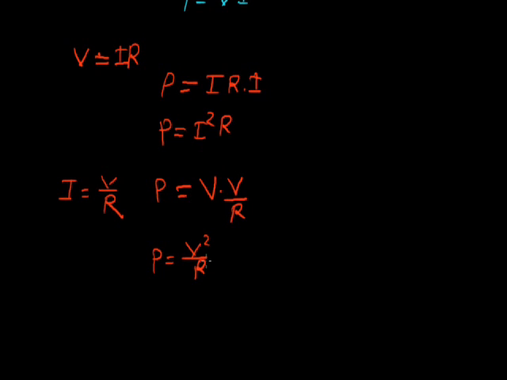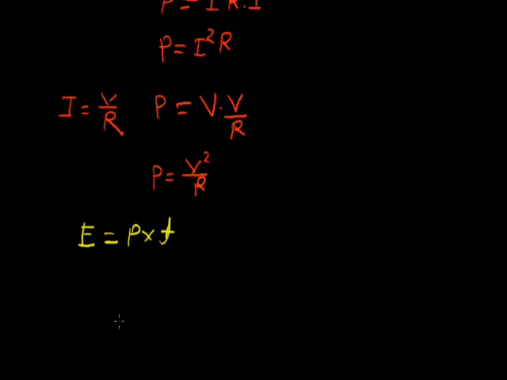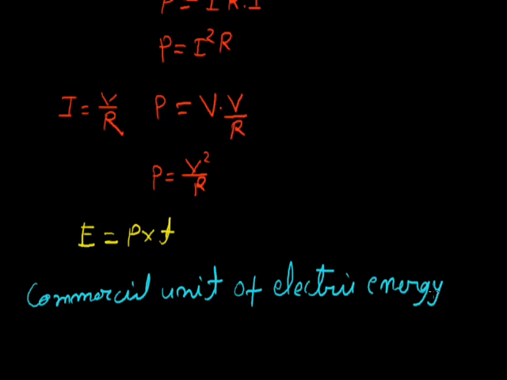So these are the different relations for the power: V into I, I square R, and V square upon R. Relation between electric power and electric energy, as we have calculated: electric energy is equal to power into time. The commercial unit we must also know, as we utilize it in domestic or commercial use, is the kilowatt hour. So the commercial unit of electric energy is the kilowatt hour.